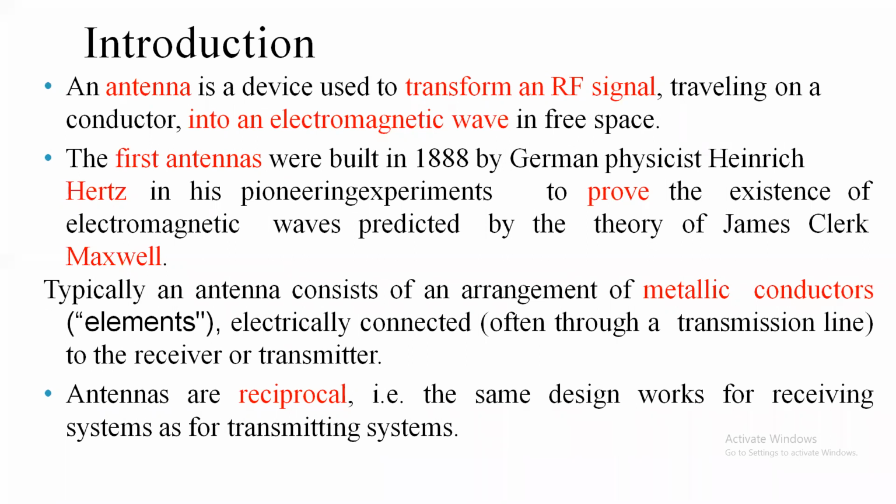The type of arrangement will be different for different antennas, but these elements are connected electrically, generally through a transmission line, which is nothing but a wire, to a receiver or a transmitter, right?